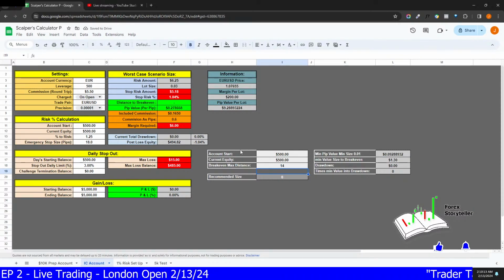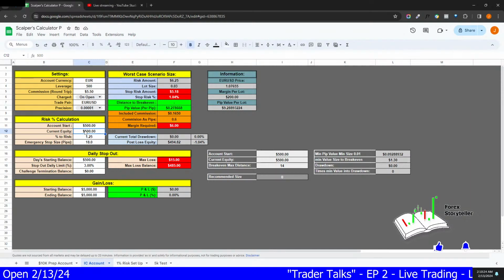So what this does is, if, for example, we hit the 494, that equals C12. So where's C12? Let me go ahead and change it in the right spot. If we say that we have that post-loss equity, now it's going to tell us if we're only looking for 14 pips, we're just going to be needing a 0.05.